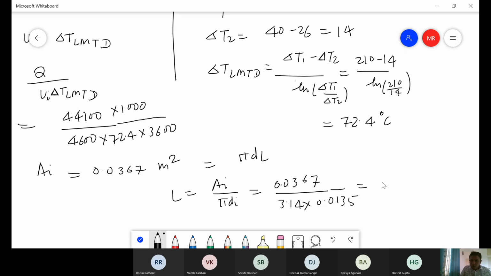So this comes around 0.8567 meter. This should be the length of the pipe. Just check if we have made any mistake here somewhere. Just check the consistency of this. Other than that, I think everything is all right. Okay.